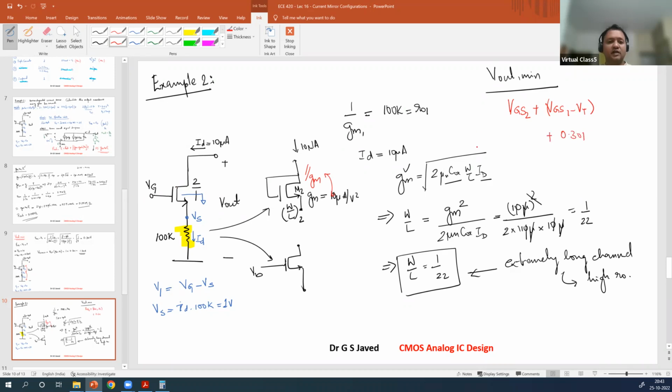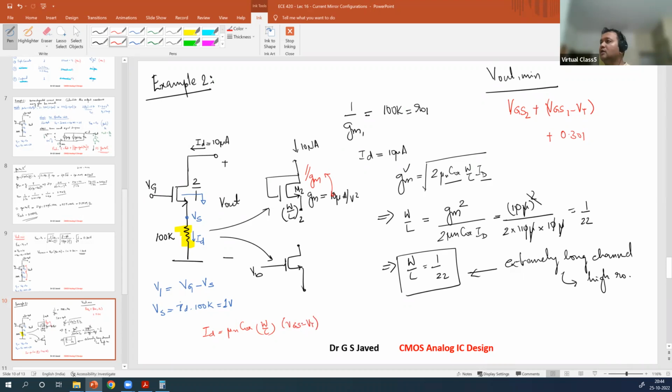And what is the VGS value here? VGS value is VT value. How much is VT? What is the best way to find out VT? From the current equation, ID equals mu n Cox W over L times VGS minus VT.